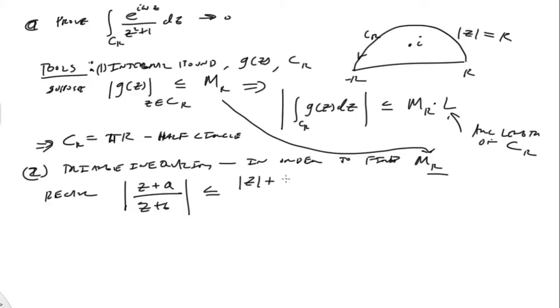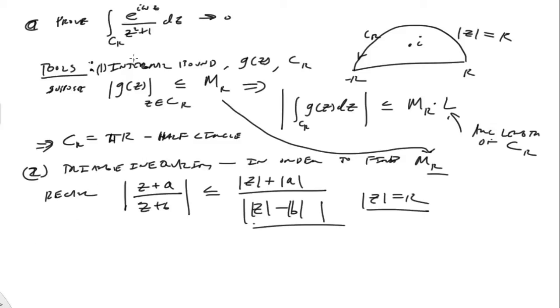We use the upper bound for the numerator, and we use the lower bound for the denominator, where we take the difference. We're going to use that a whole lot to find this bound, because recall that the modulus of z is equal to R in our particular case.